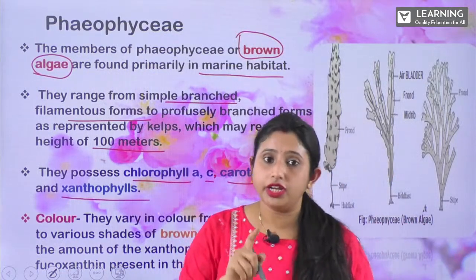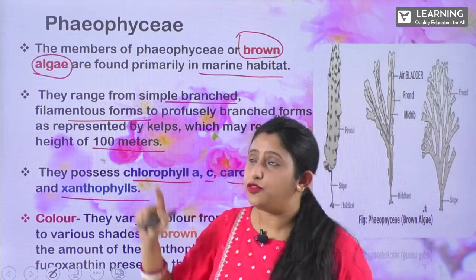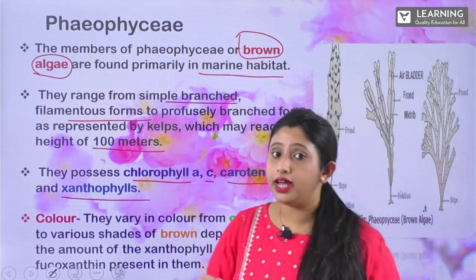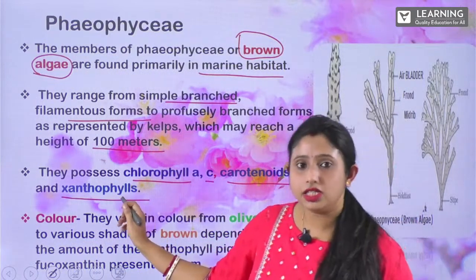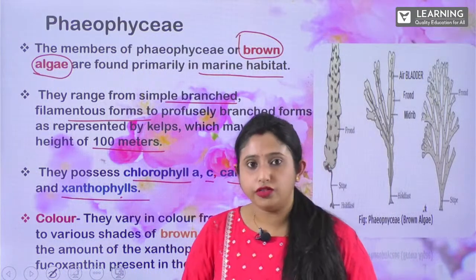This is very important. The pigments present in Phaeophyceae are chlorophyll A, chlorophyll C, carotenoids and xanthophylls. What is the color of this algae?